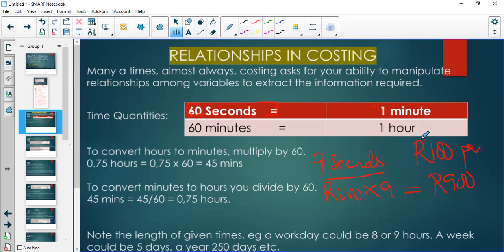Because come on, this 100 rand is per hour, and this is not even an hour, it's only 9 seconds. You can't be that naive, you can't be that blind to not realize that.